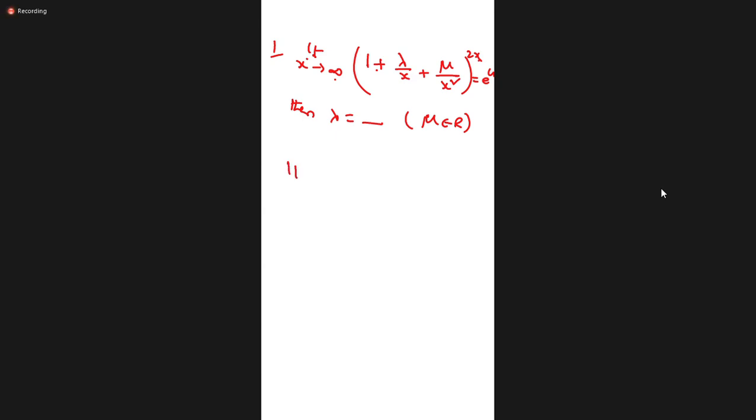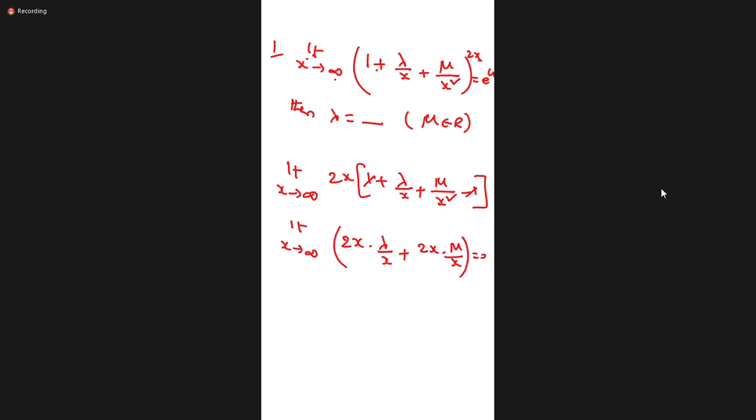Now, how to simplify? Let us start. Power into g of x into (1 plus lambda by x plus mu by x square minus 1), f of g of x into f of x minus 1. Limit x tends to infinity, 2x multiply inside: 2x into lambda by x plus 2x into mu by x square is equal to e power 4 given.